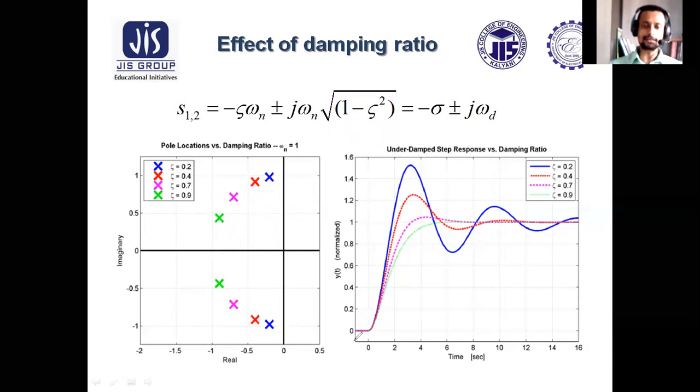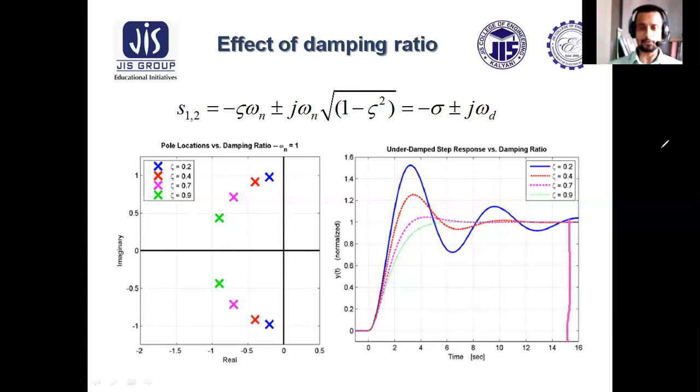Now based on zeta, the system response will also change. This peak amplitude will reduce with increase in zeta. See, for the first case, for the blue one, this is the settling time.